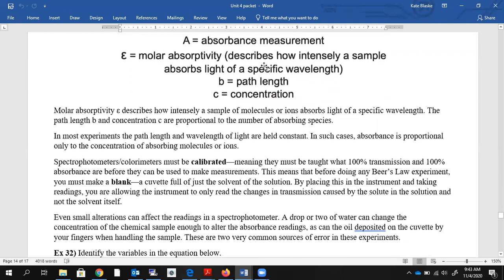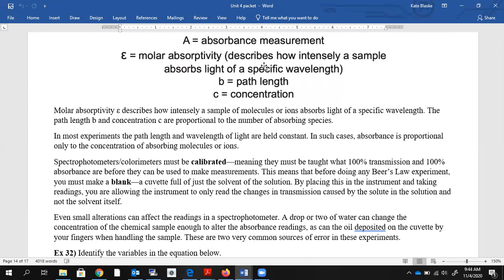When we do these experiments, not only do we need to put the sample that we want to measure inside of that machine, but we also need to calibrate the machine, which means we need to teach that machine what 100% transmission and what 100% absorbance are, so that the colorimeter can figure out: is any of this absorbance that I'm measuring coming from just the plastic of the cuvette?